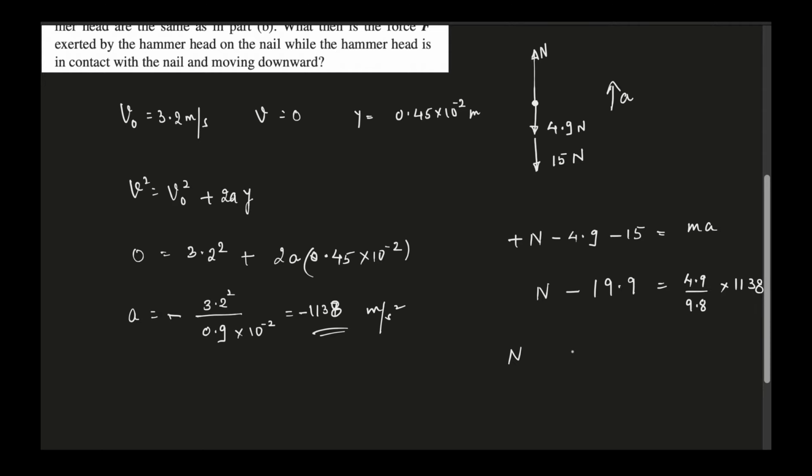Why am I not using minus 1138? This is 1 by 2. Because you've taken the upward direction as positive. Yeah, positive. So do remember that sign conventions play an important role.